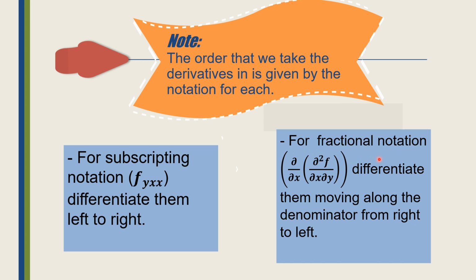For fraction notation, we have the partial derivative with respect to x, of the partial derivative with respect to x, the quantity of x squared f, all over the derivative with respect to x and with respect to y. Differentiate them moving along the denominator from right to left. Okay?